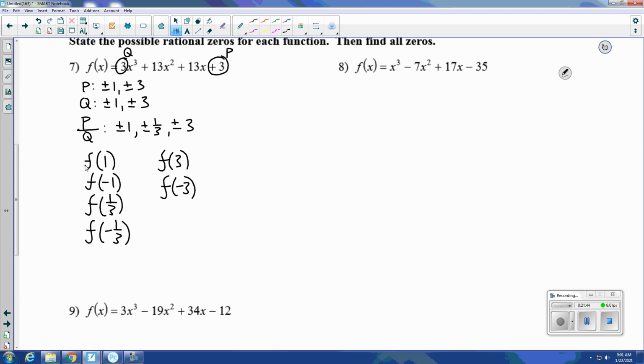But in the event that it's higher than a cubic, whatever the degree of the polynomial is, so let's say it's degree n, you want to find n minus 2 zeros from your list.